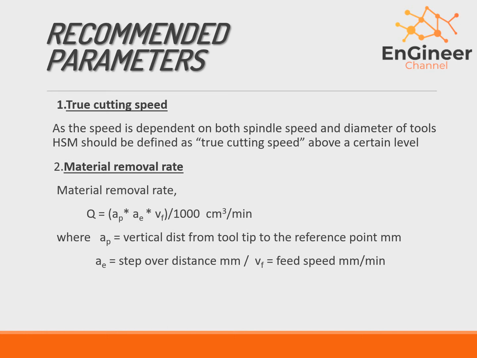Material removal rate is given by this formula. AP, AE and VF are like this. The AP is the vertical distance from tool tip to the reference point and is measured in millimeters. AE is the step over distance, measured in millimeters, and the VF is the feed speed and is measured in millimeters per minute.